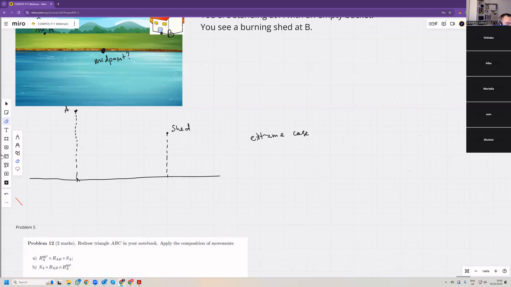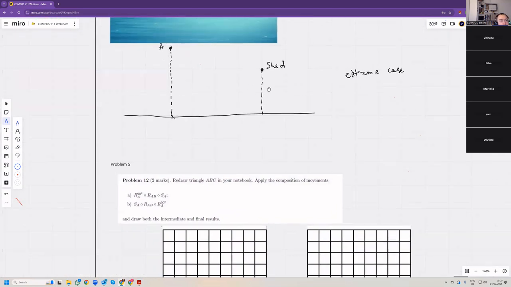As a matter of fact, you can solve it by reflection. So you reflect point A in the shoreline.